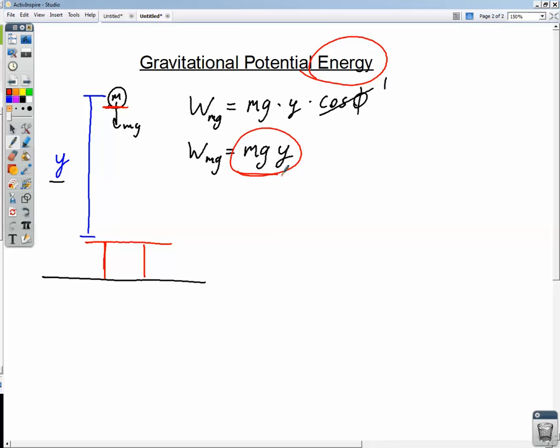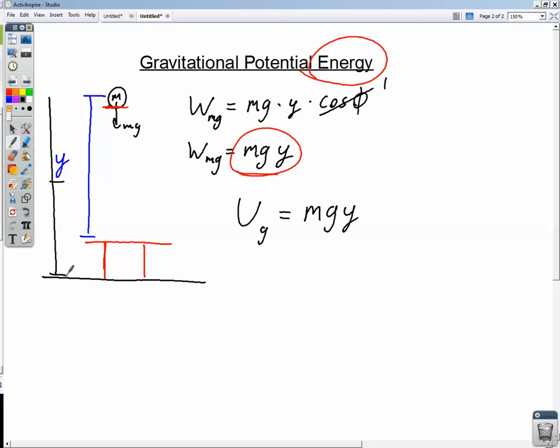And so this then becomes our equation for what's called gravitational potential energy. U sub g is most commonly how it's written, and it's equal to the work that it has the capacity to do. So mgy.